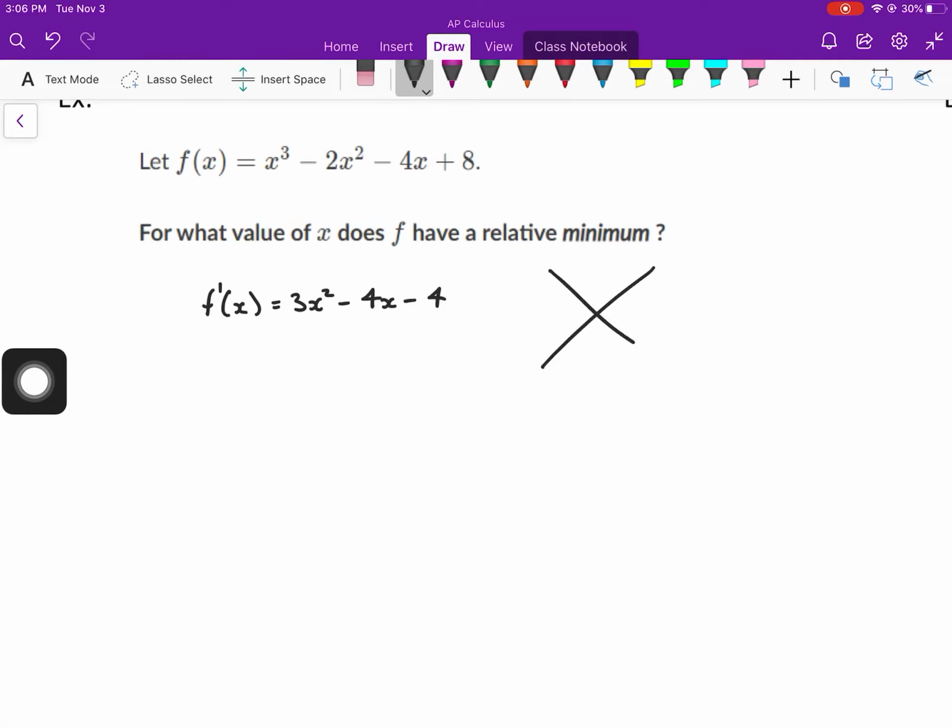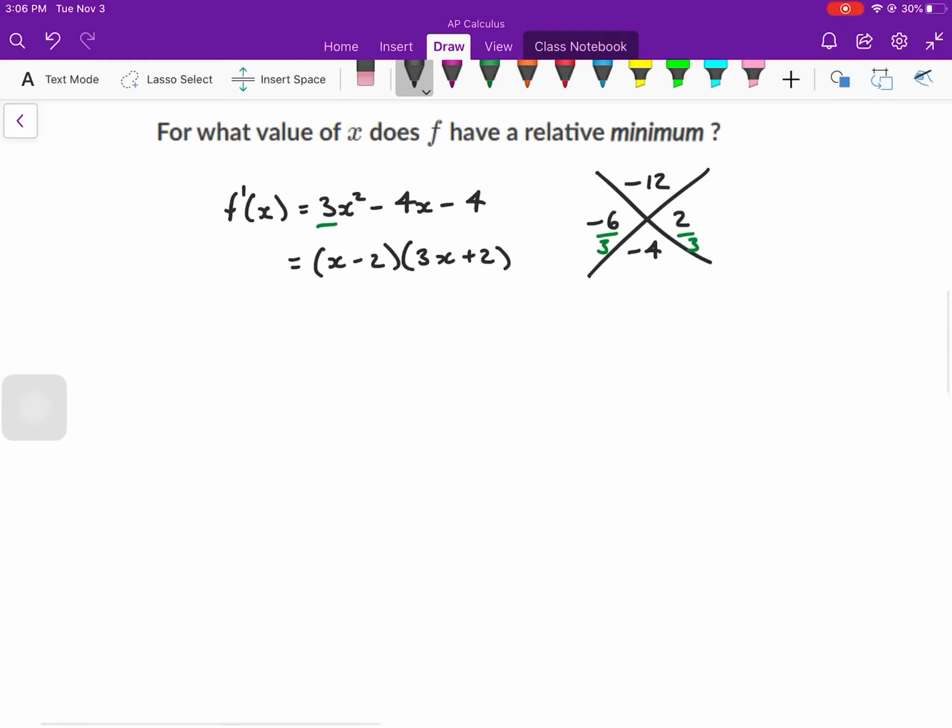So we're going to do the diamond method. What multiplies to negative 12? So remember, we do 3 times negative 4 and adds to negative 4 would be negative 6 and 2. And we're going to divide both of these factors by the 3. So our first factor is going to be x minus 2, because 6 over 3 simplifies to 2. And then we'll have 3x plus 2 for our other factor.